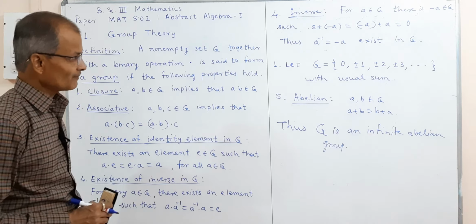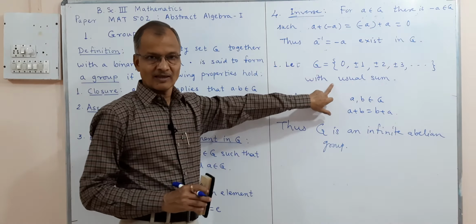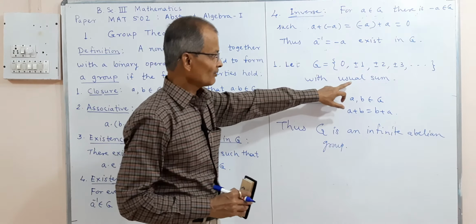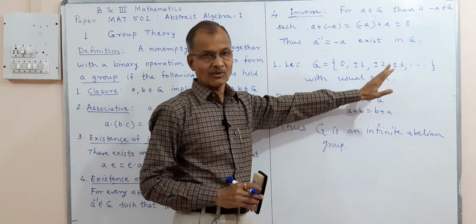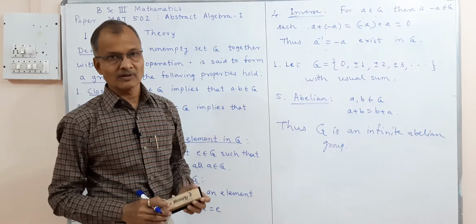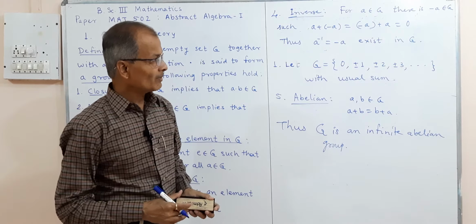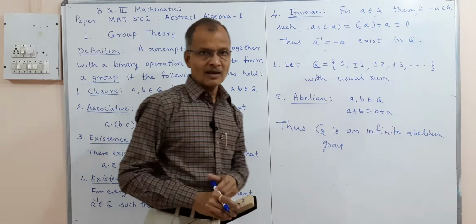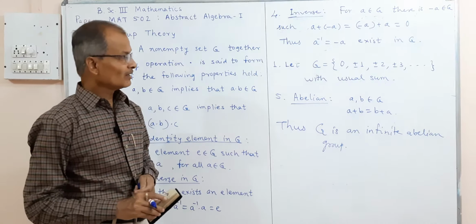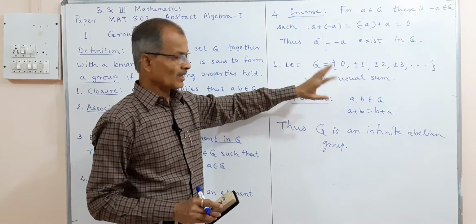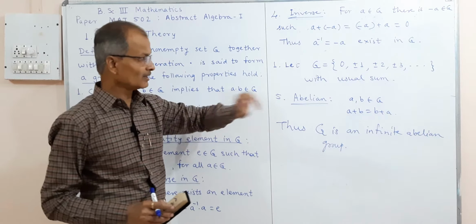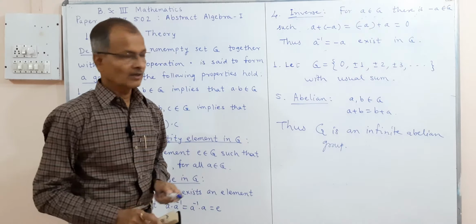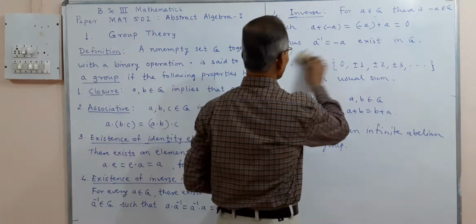And we have just seen it does not form a group under usual multiplication because the inverse does not exist. The multiplicative inverse is the reciprocal, and the inverse of 3 will be 1 by 3, and 1 by 3 is not an integer. Therefore it is not a group with multiplication, but it is a group with addition. So that is our first example.